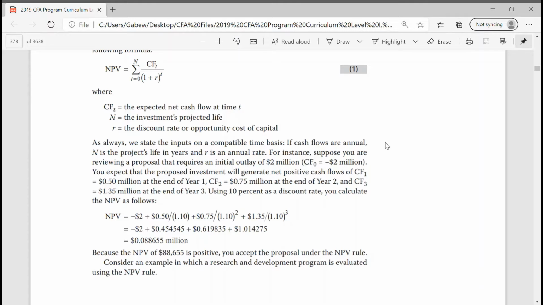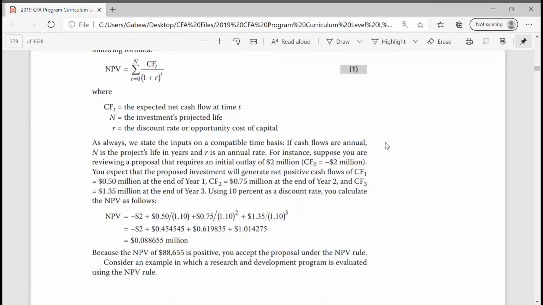You expect that the proposal's investment will generate net positive cash flows of CF1, $500,000, CF2, $750,000, and CF3, $1.35 million, at the end of the 3 years. Using 10% as your discount rate, you calculate the NPV as follows.